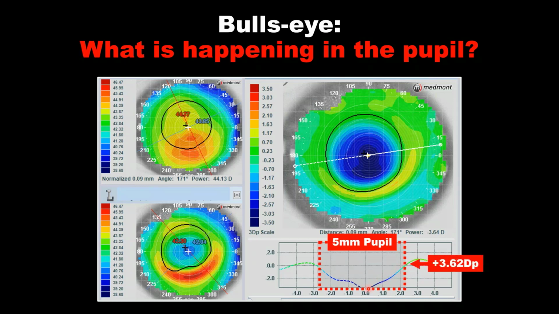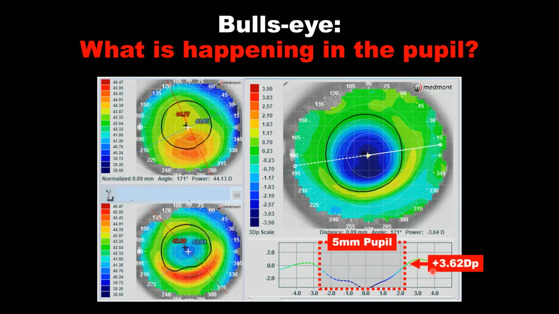From our most minus to our most plus or least minus, there's a 3.62 diopter shift in the power of the eye. That can kind of be seen on the analysis here. You have most blue in the center, then you have green here at the pupil border, which is essentially 0. So this patient has been given by you a 3.62 diopter add.